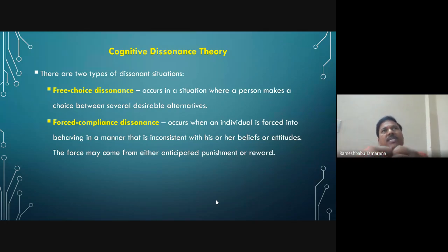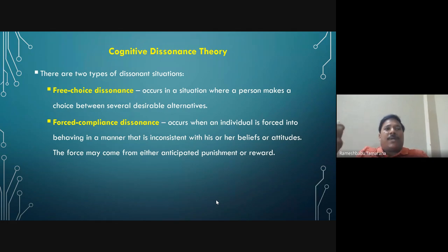It occurs when an individual is forced, because the individual doesn't want to do the other thing, but sees there is an opportunity, there is a reward. That's the reason I had to do this. So in those situations, he or she has to change the dissonance. Probably the reward is very good, because after a long time my parents are taking me out, so it is worthwhile just doing the dishes.